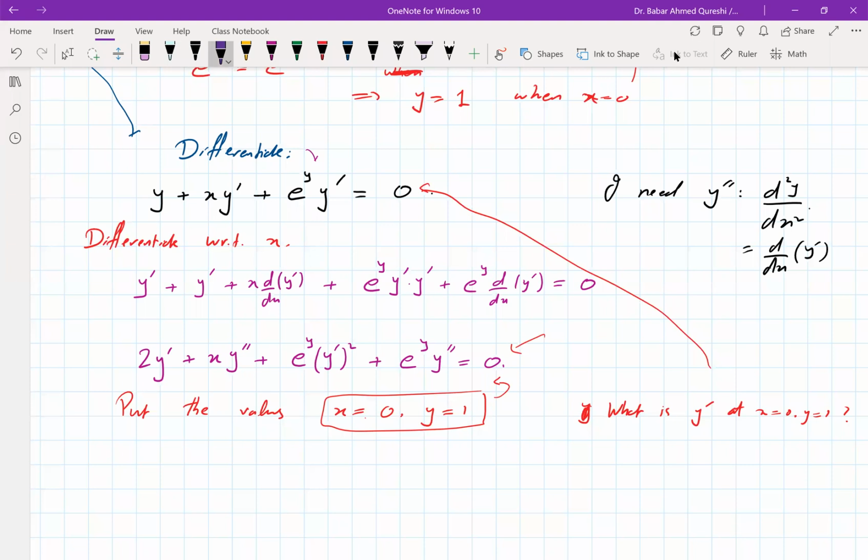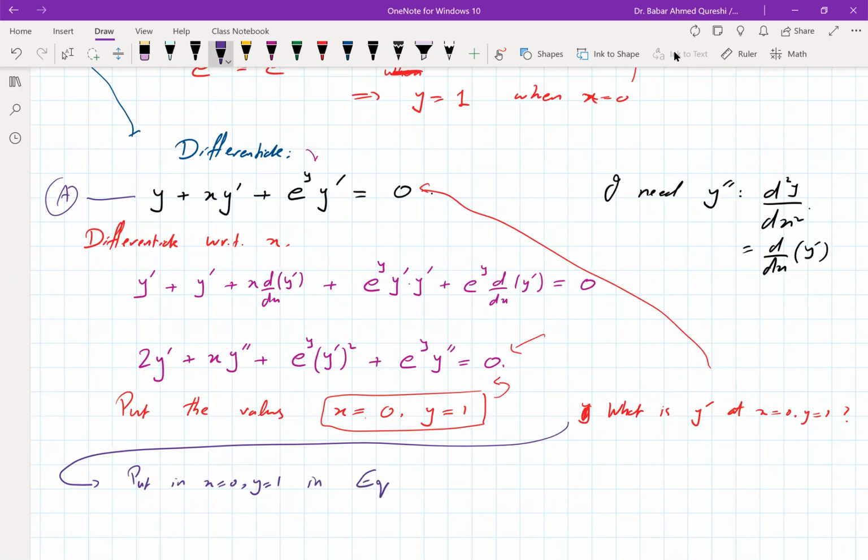So let's call this A. Put in equation A. That gives me 1 plus 0 plus e y dash of 0, my specific point, is 0.